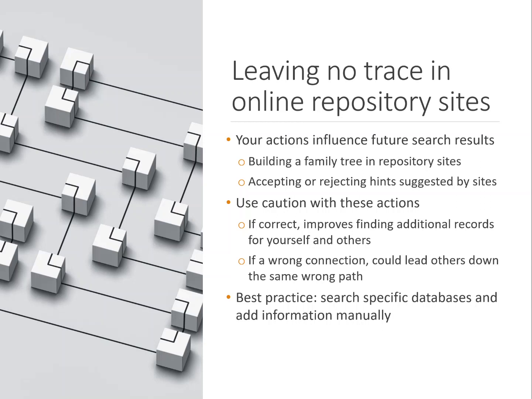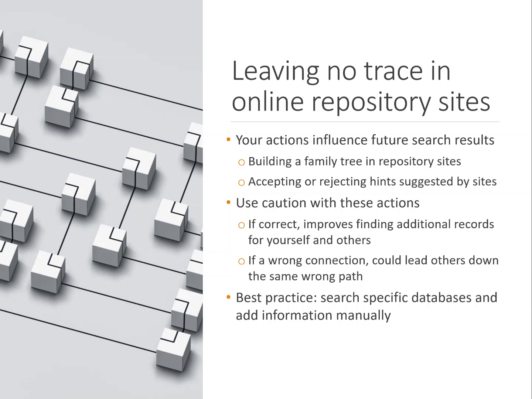What I do, I use the hints to see what records it thinks, but then I back out. I never accept or reject any of the hints. So I actually have a huge list of hints for all my ancestors. But what I then do is do a brand new search all the way back at the top menu and start.